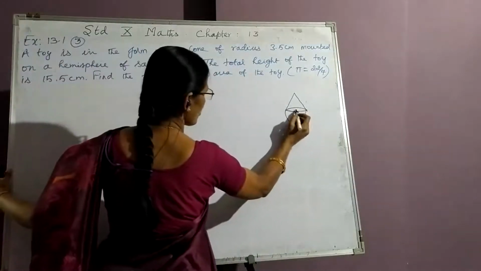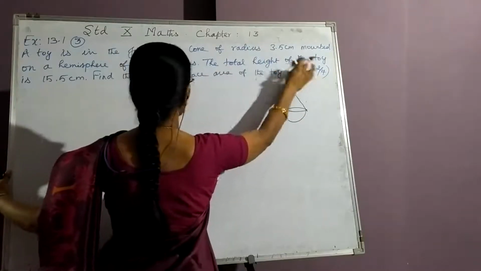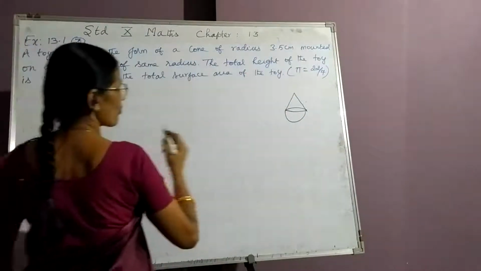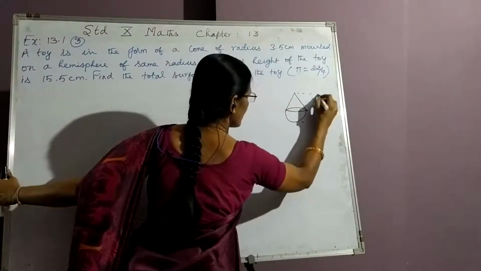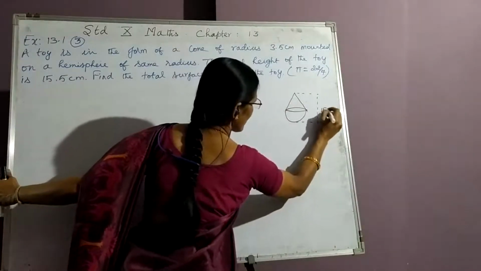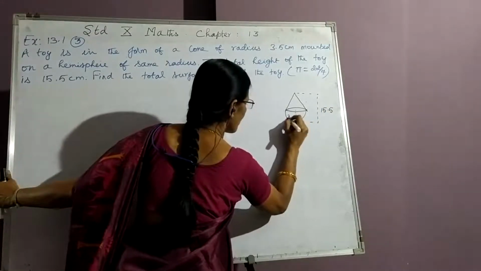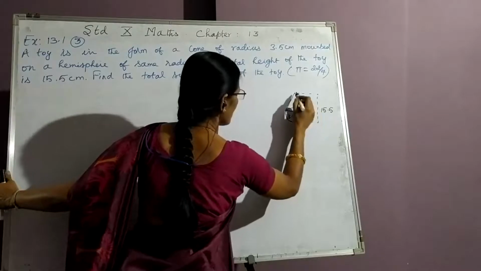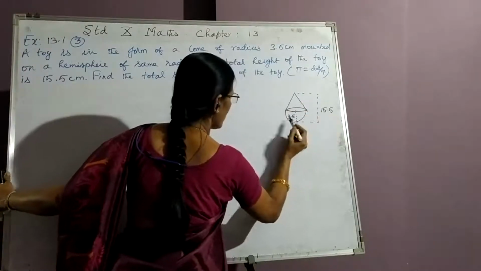So radius of the cone and radius of the hemisphere are equal. The total height of the toy is 15.5 centimeter. Total height of the toy here to here is given 15.5 centimeter. We know this is radius of the hemisphere, which is 3.5. We can find out height of the cone using 15.5 and 3.5.